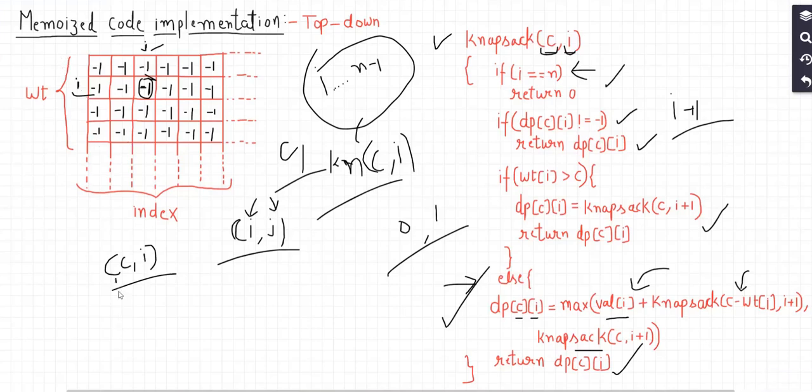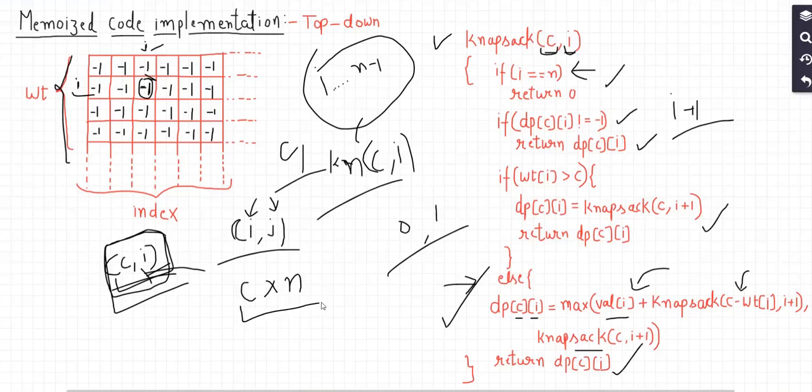Because if a redundant pair appears, then we would already have the result computed in the array. So how many pairs do we have? If we have capacity as C, that is given in the problem, and the number of indices that we have is n, then these are the unique pairs that we have for the capacity index set here.